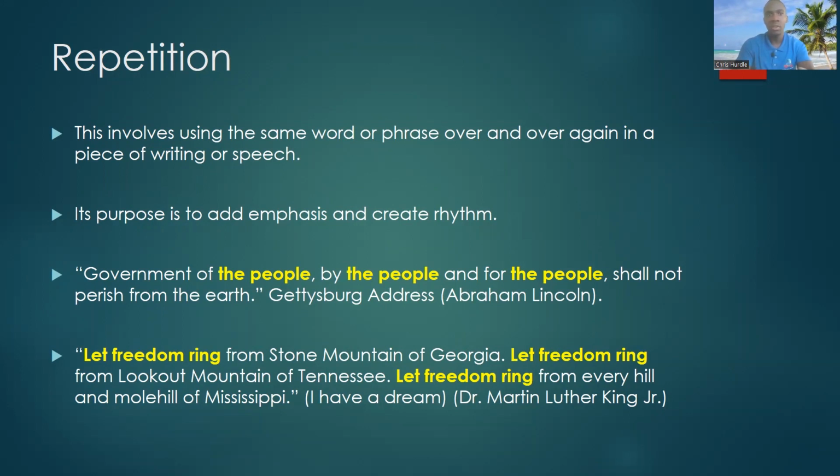And of course, why would you want to repeat a word or phrase? Well, we want to emphasize a particular point. If we want to emphasize a particular point, then yes, we will repeat that particular word or phrase. And once again, rhythm is created, all right?